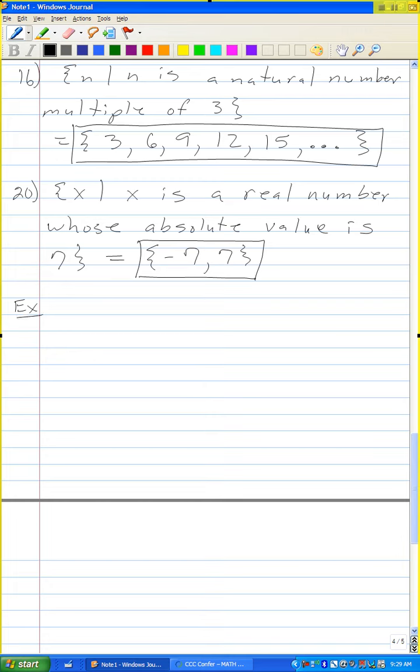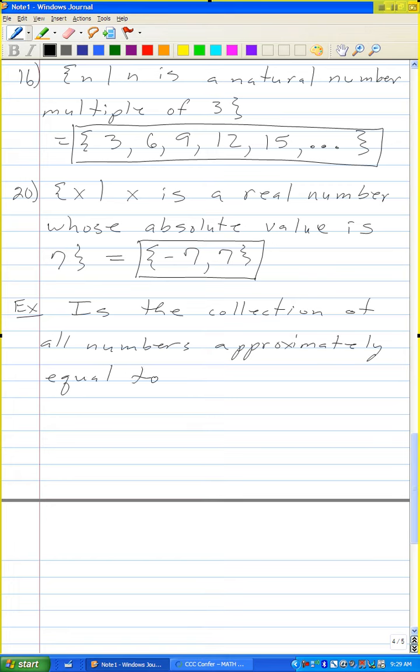Suppose I ask you, is the collection of all numbers approximately equal to pi a set?